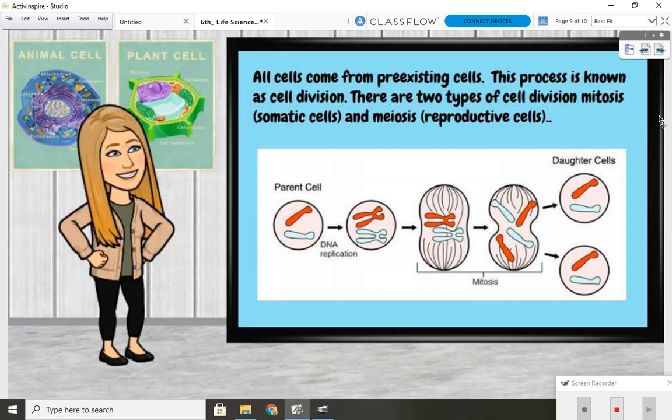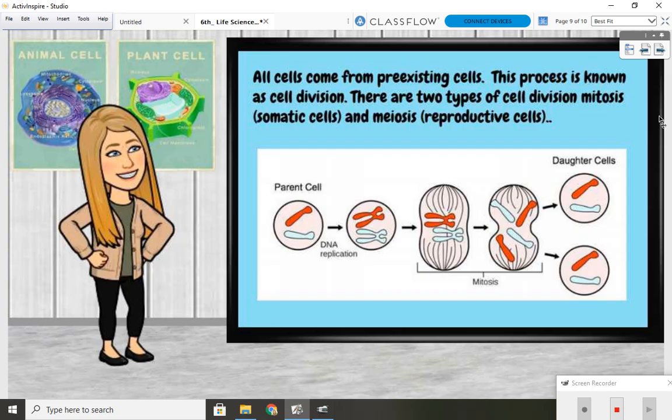All the cells in our body are somatic cells except one special type, our reproductive cells. In girls, those are your eggs, and in boys, that would be the sperm cells. Those are the only cells in the human body that go through cell division called meiosis, but all the other cells go through the process called mitosis.